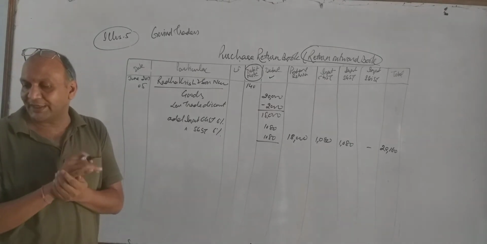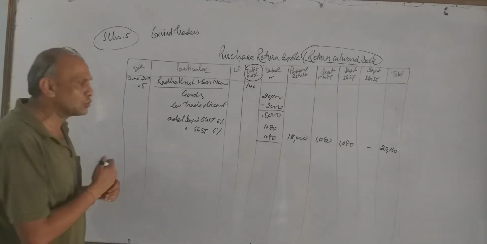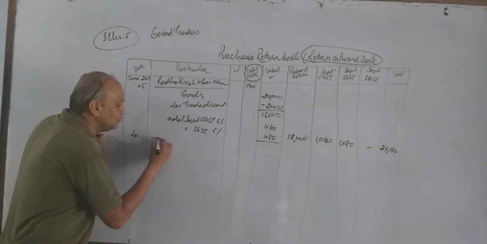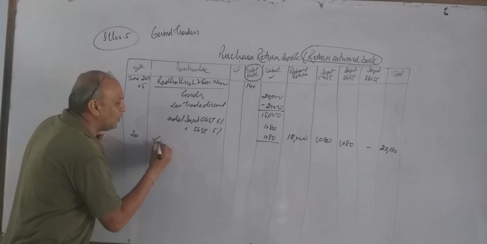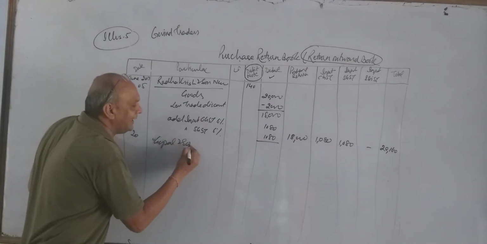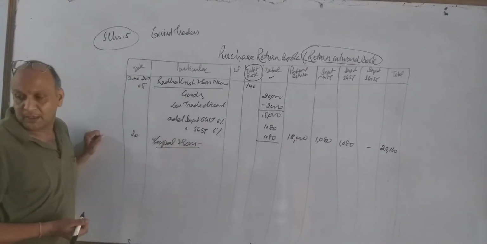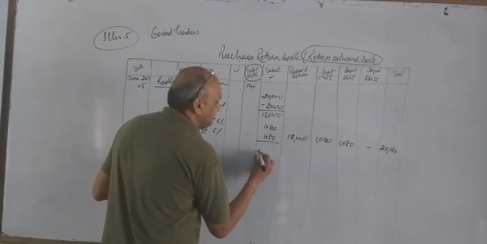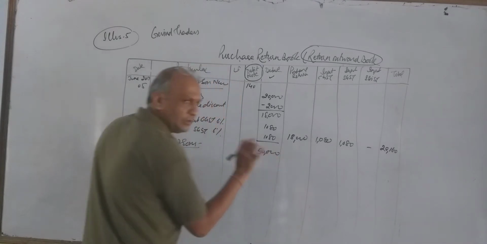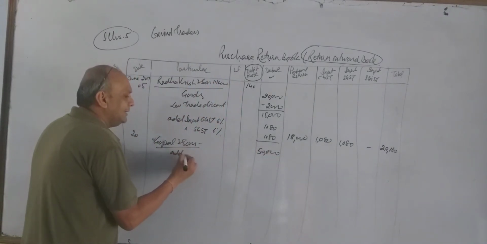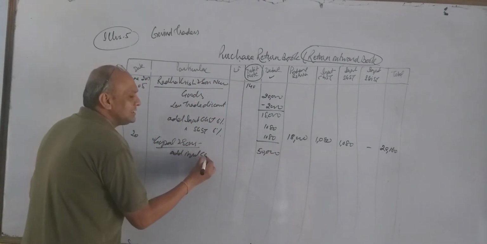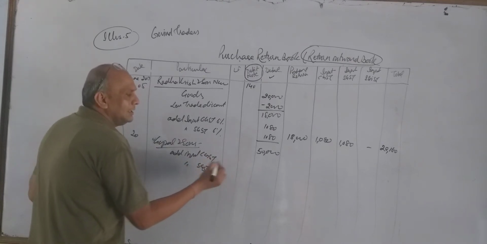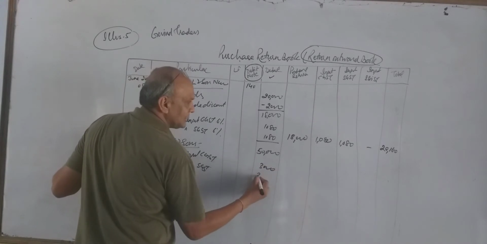In this way we are going to record the item. In the same way, the next item is return of goods to Gopal and Sons on 20th June. Here the goods are of 50,000, no trade discount. So directly we will write 50,000 over here. Add input CGST, input SGST, same way 6%, 6%.